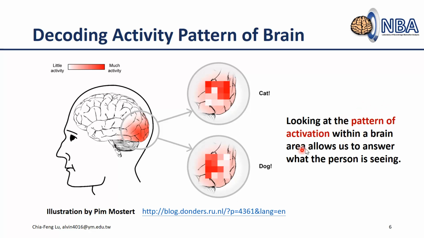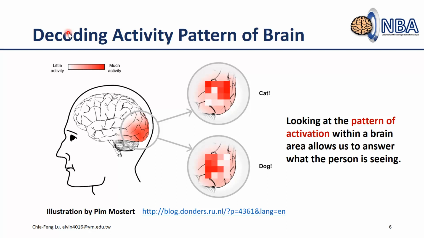Of course, sometimes you can simultaneously look at several different brain regions, but this may make the analysis very complicated. Sometimes we will have some kind of hypothesis. This kind of pattern analysis may allow us to answer what kind of stimuli this person may be seeing, hearing, or feeling. This technique is sometimes called brain decoding.